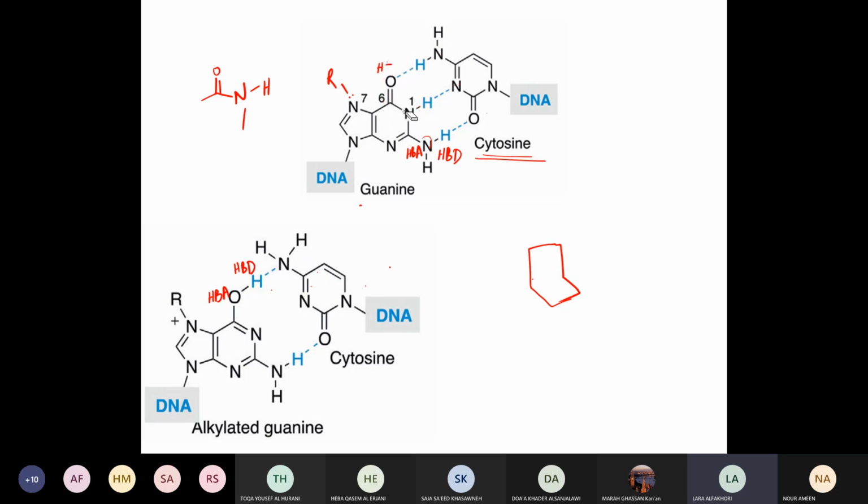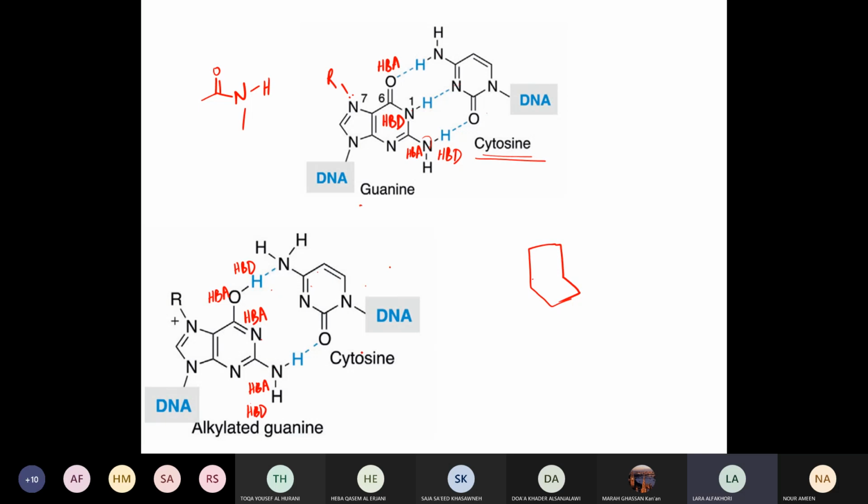Here it was only a hydrogen bond acceptor, and the nitrogen here mostly a donor. In this case, when the guanine is alkylated and the tautomerism equilibrium is shifted toward this form, it will become a hydrogen bond acceptor only. This nitrogen is still the same; it can act mostly as a hydrogen bond acceptor or hydrogen bond donor.